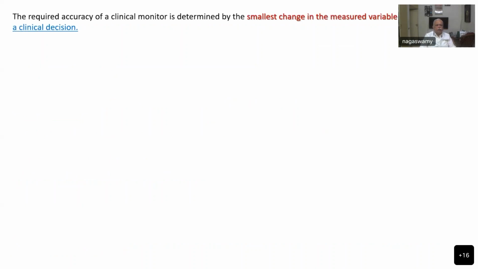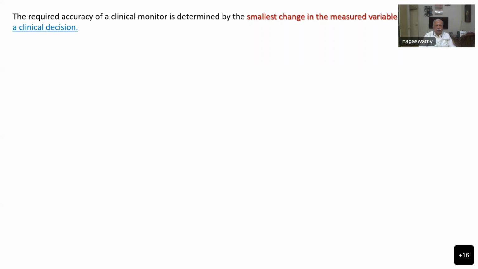The required accuracy of a clinical monitor is determined by the smallest change in the measured variable that could affect the clinical decision. For example, after a spinal, if there is a fall in BP and the monitor is accurate, you know when to treat it and when to just wait and give fluids and see whether it comes back to normal.